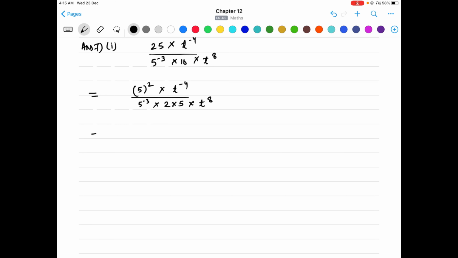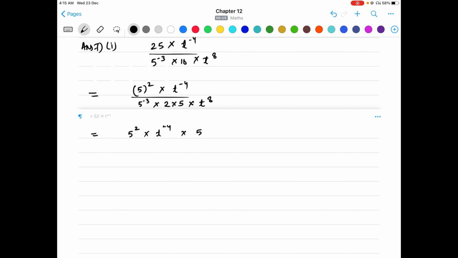Okay, now we're going to shift all the numbers to the numerator. So that will give us 5 power 2, which we already have, and t power minus 4, which we already have.